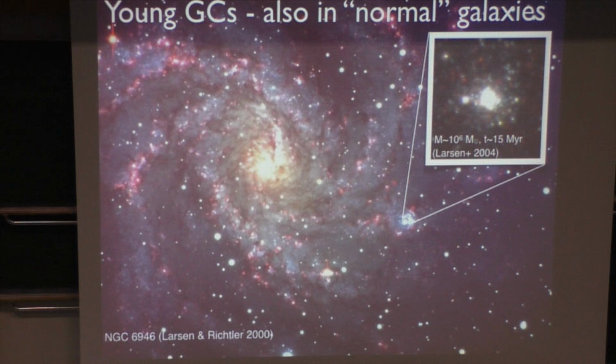This is actually dynamically confirmed: we have a measurement of the velocity dispersion of the stars in the cluster, which is about 10 kilometers per second. So that's a dynamically confirmed mass of 1 million solar masses and an age of about 15 million years instead of 15 billion years, 10 billion, 13 billion years, whatever.